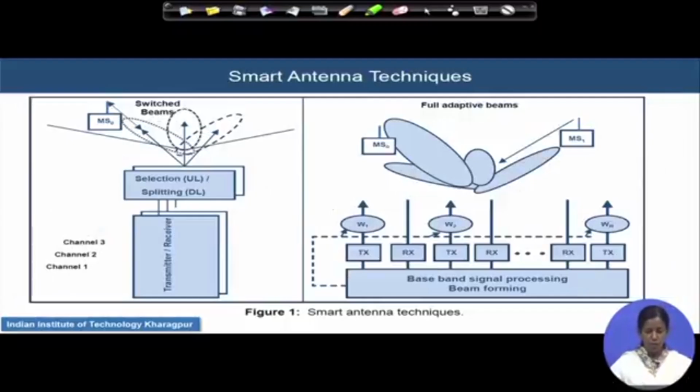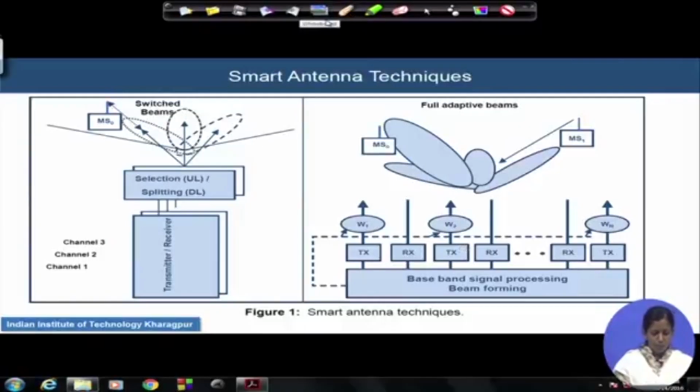These are the two mechanisms. The left side is the switched beam, and the right side is the full adaptive beam. And remember, in this switched beam technique, the beam width that is generated inside the transmitter or receiver architecture is fixed, and only the beam is moving from one to the next beam, to the third beam, to the fourth beam, like this.